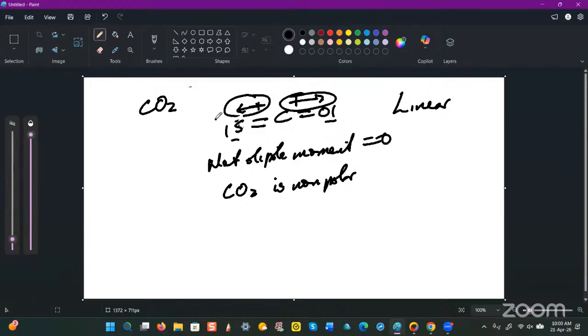However, the magnitude of this dipole here would be different. I don't know if it's larger or smaller, but it would be different, right? This dipole here, acting in this direction, will be different from this dipole acting in that direction. So basically, in this particular case, the net dipole moment would be a non-zero value, right? And in that case, this molecule is going to be polar.